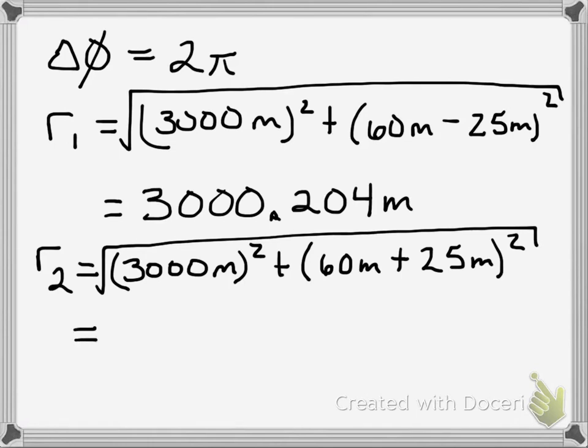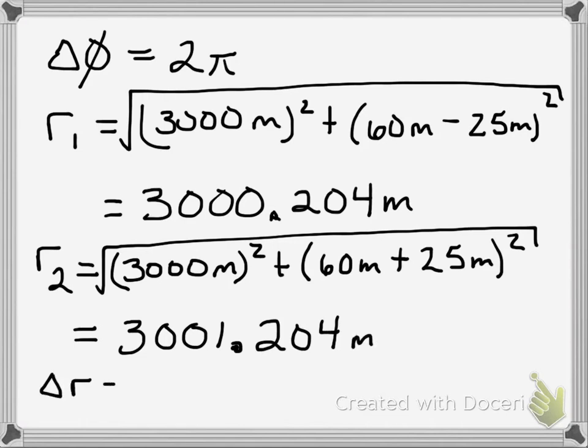Distance formula, and we find that this distance is going to be 3,001.204 meters. So the path length difference between these two, R2 minus R1, will end up giving us 1 meter.